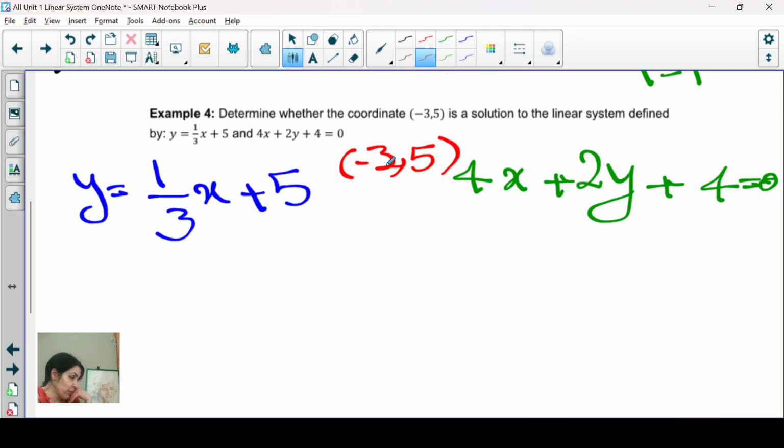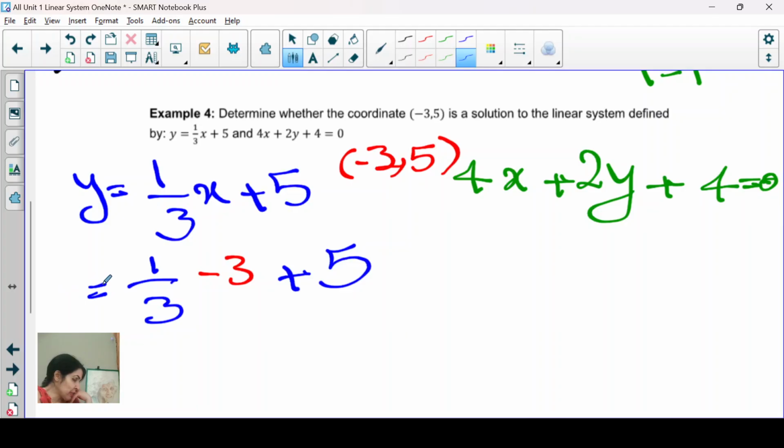First, plug this into the first equation. Instead of x, put -3, and instead of y, put 5. And then put a question mark because we are not sure. We have multiplication between.